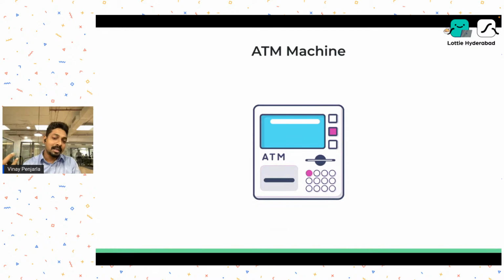But a lot of people say that it is fake audio they are playing in the ATM just to give user engagement, so the user is in a mood that something is happening and progress is happening with the money, and he will be in a relaxed mode. In that way, ATM machines are playing micro interactions. In a similar way, we will use micro interactions in designs, in applications, or anywhere.